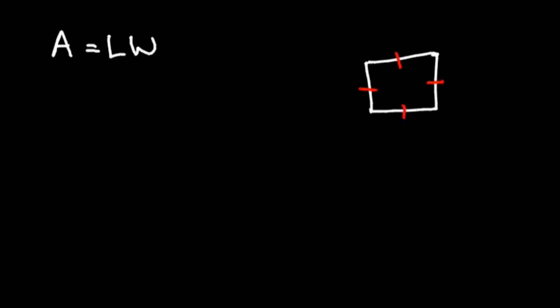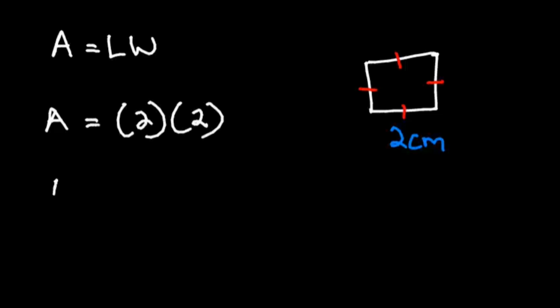So let's assign this square some values and use the formula once again. 2 centimeters. Since all the sides are the same, the length and the width is 2 centimeters. So area equals 4 centimeters squared. So that is our answer.